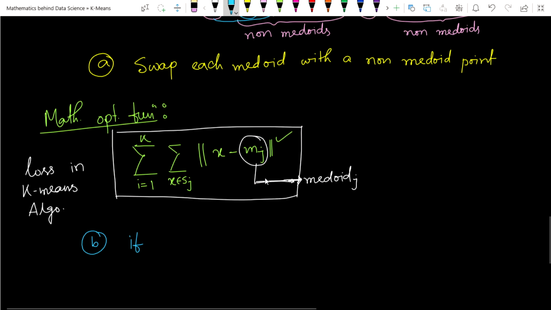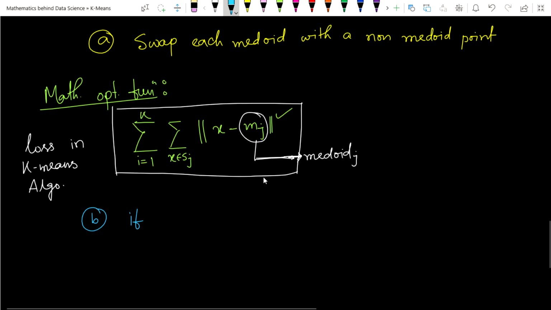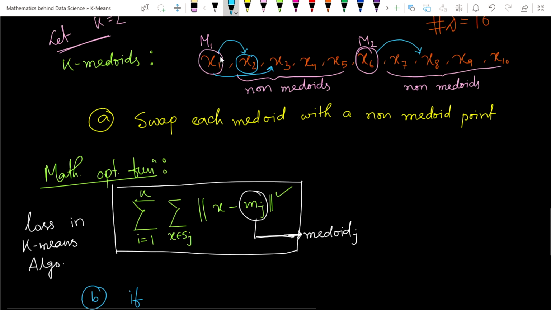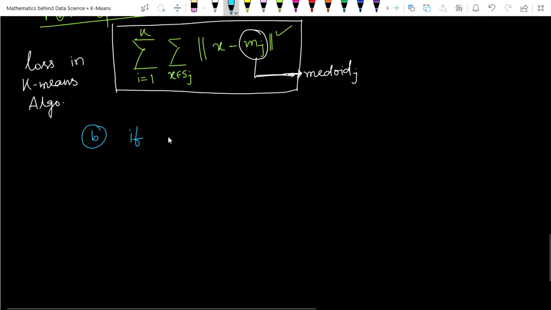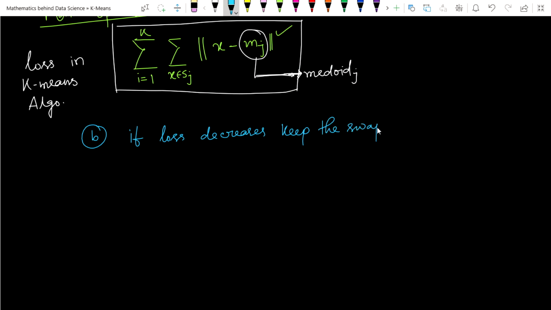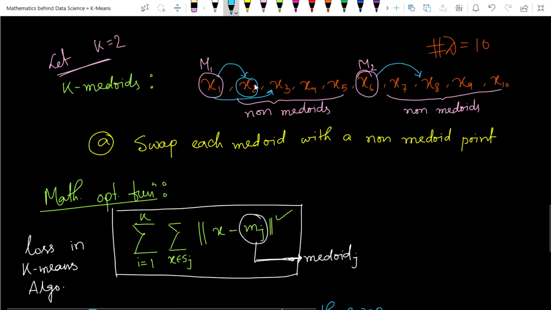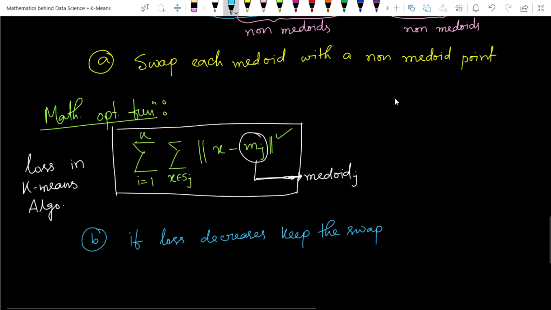So if the loss decreases, we keep the swap; otherwise undo the swap, meaning we do nothing. Again we have to swap the next point. If the loss decreases, then we have to keep the swap, which means now we treat this point as our centroid.